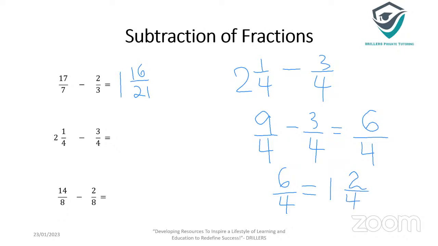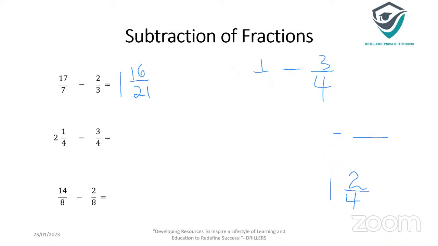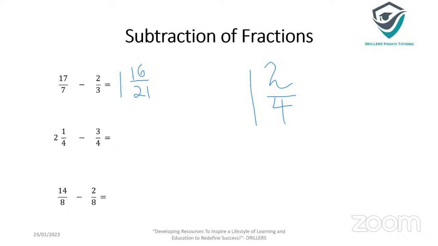And remember, I told you that sometimes when we calculate our mixed number, the fraction bit can be reduced even further. So we've converted it into a mixed number. So now we can reduce the fraction portion of that mixed number. So if we have 2 over 4, we can reduce that or make it simpler.